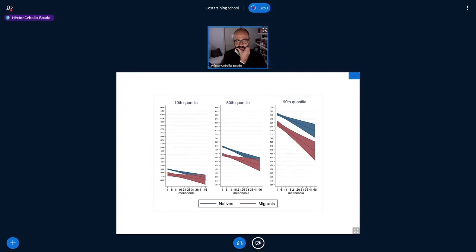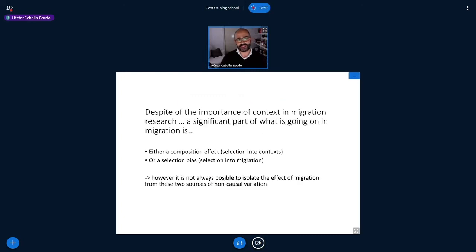image. No? So in sum, it's really important to refine your research on migration, being really as careful as you can when you are modeling concentration.